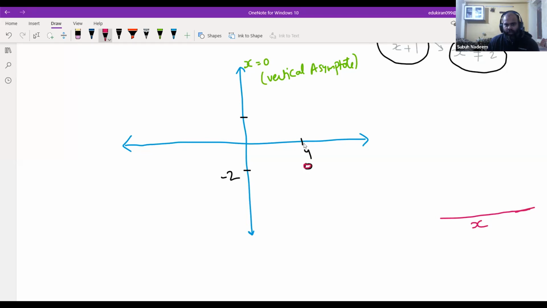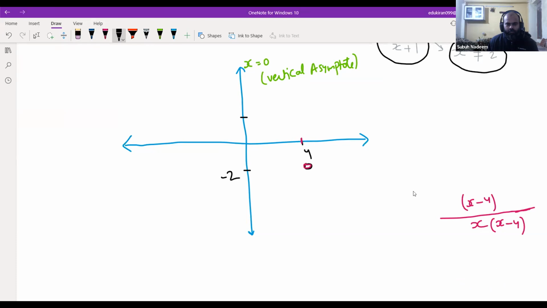This hole is at x is equal to 4. So you multiply x minus 4 in the numerator and in the denominator. That will give you the hole at x is equal to 4. It will not be an asymptote. If you wrongly do 1 by x into x minus 4, then x is equal to 4 will also become an asymptote. That you don't have to do. You have to find a hole at x is equal to 4, which means you will multiply by x minus 4 in the numerator as well as in the denominator. You got till here?